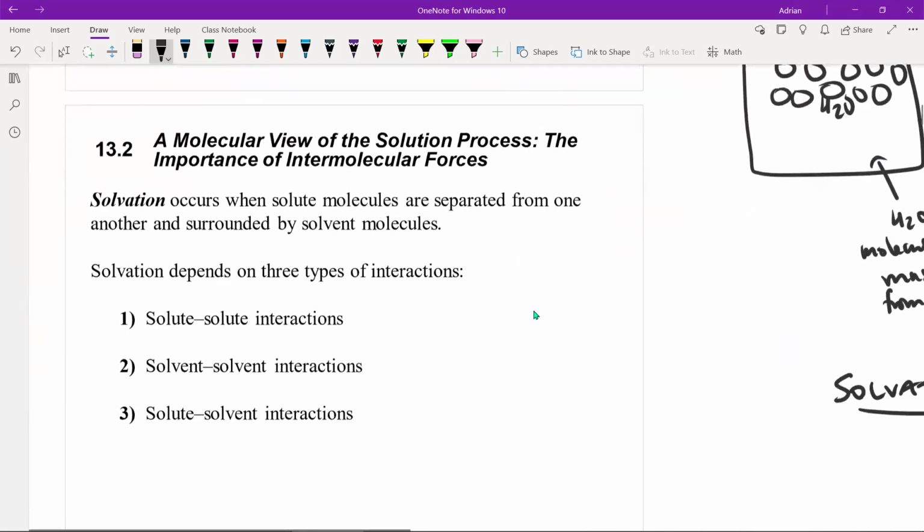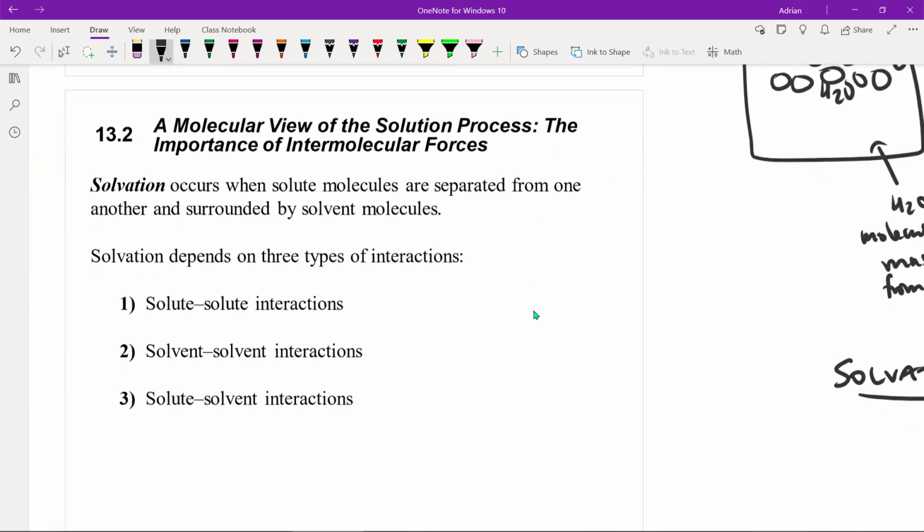So we have three types of interactions that we need to consider. We have these solute-solute interactions and solvent-solvent interactions that need to be broken. We need to break those interactions. This will require energy. In other words, it is endothermic.